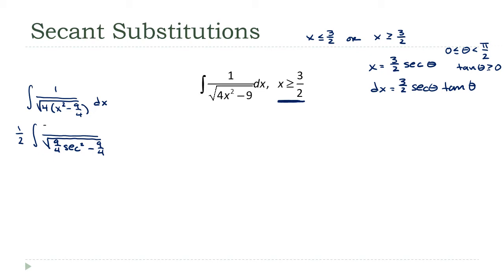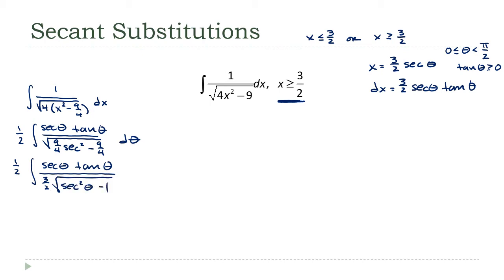So this is secant theta tangent theta d theta. All right, so what's going on in the denominator? Well, first, let's pull that square root of 9/4 off. So this is 1/2 integral secant theta tangent theta over 3 halves square root of secant squared theta minus 1 d theta.